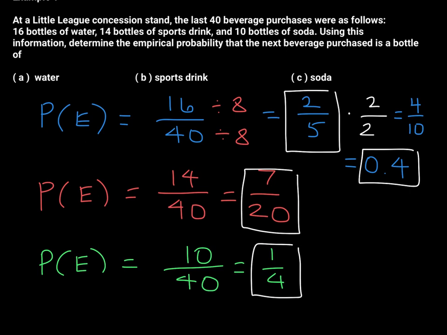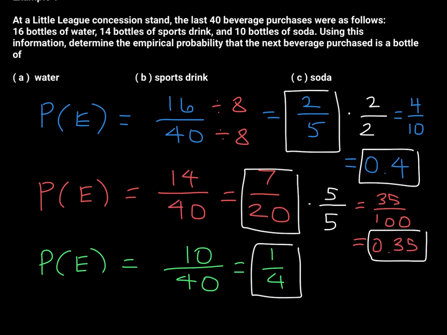Remember that a decimal, again, is a fraction whose denominator is a power of 10. I can change 20 to be 100 if I multiply by 5, of course, in the numerator and denominator. So then this would be equal to 35 over 100. So this is equal to 0.35. This would be 7/20 as a decimal.